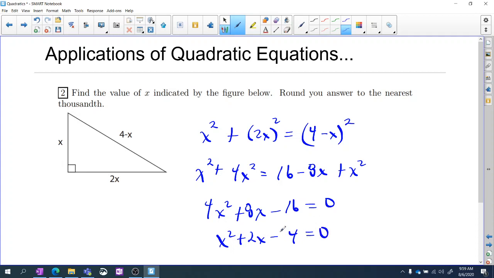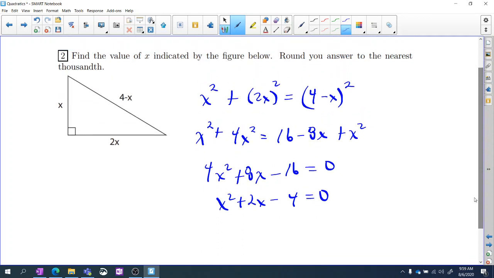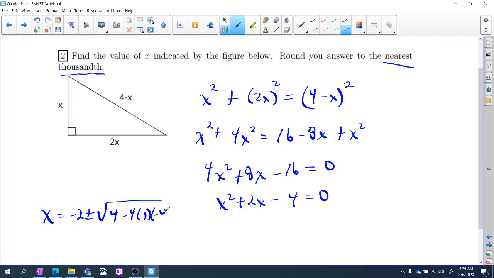No way that it will factor. Therefore, we're going to have to go quadratic formula. It did say in the question nearest thousandth, that means 3 decimal places. Well, let's go formula. x equals negative b plus or minus the square root of b squared, subtract 4 multiplied by the a value multiplied by the c value, divided by twice the a value, 2 times 1.